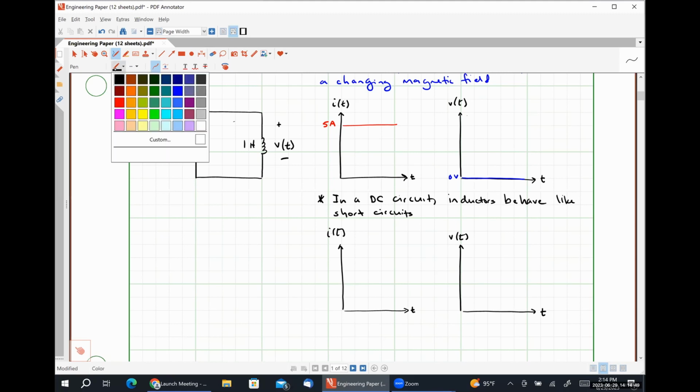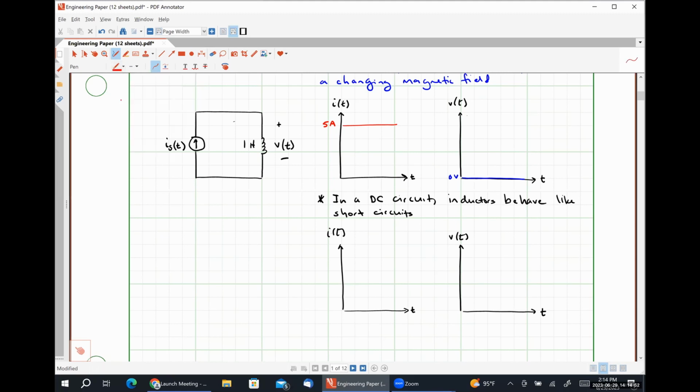So let's say that our current starts at 0, and then it takes 1 second for us to get up to 5 amps. Then our current stays constant for 2 seconds before ramping down and reaching 0 at t equal to 4 seconds.